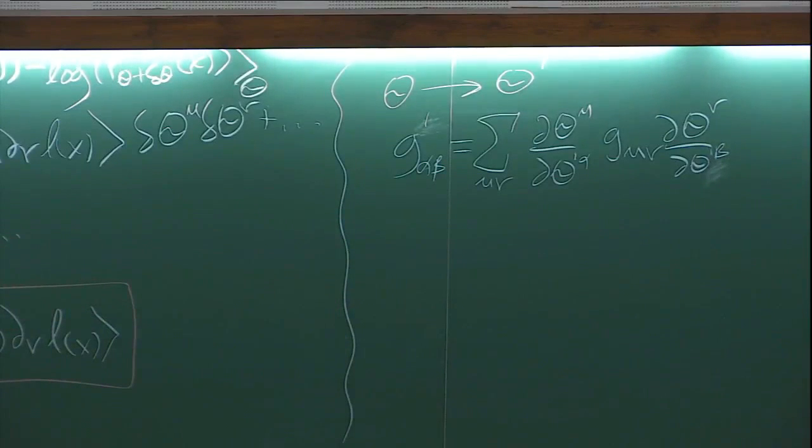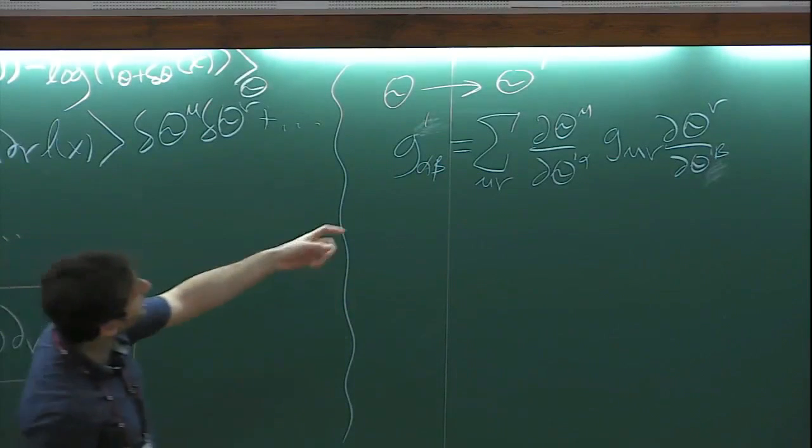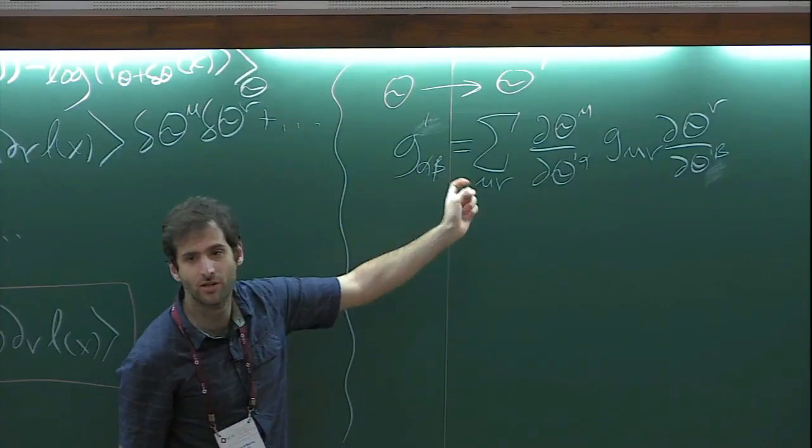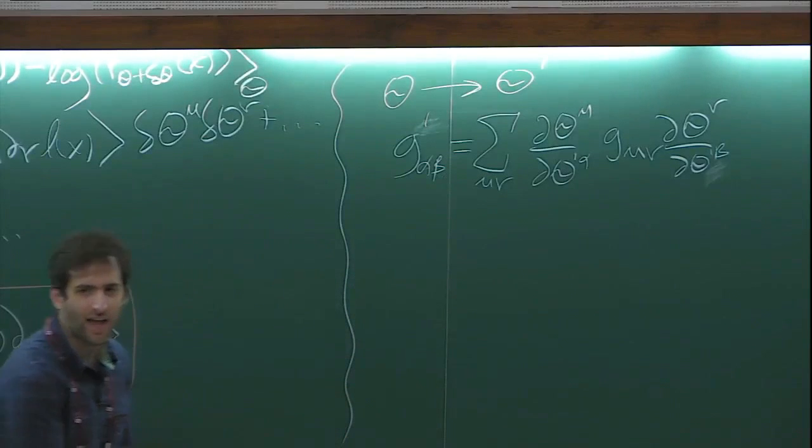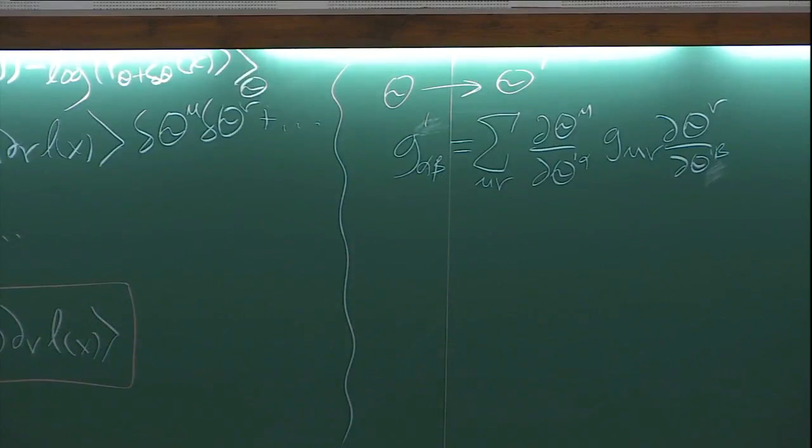And this really follows from working through this. This is another good exercise. But what this means is that this really transforms as a metric should. And so we will be treating it as a metric for the rest of this.